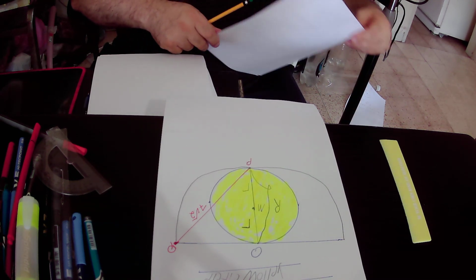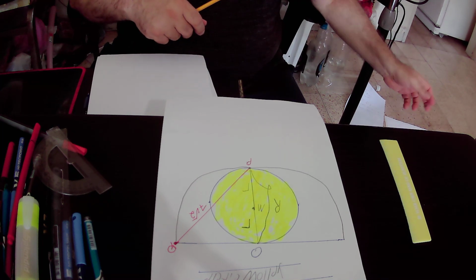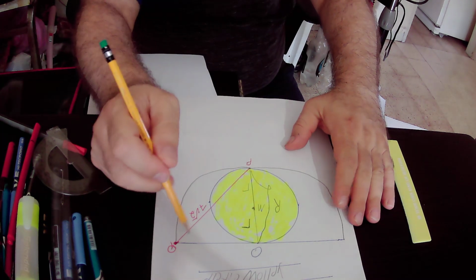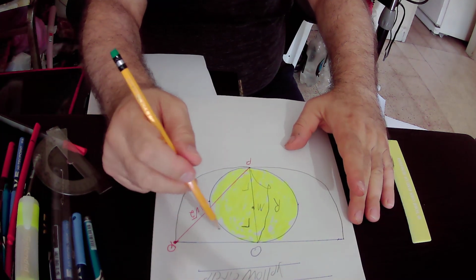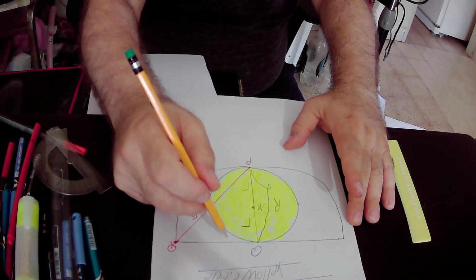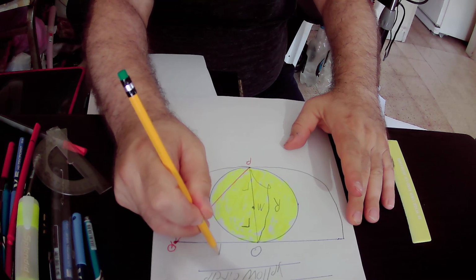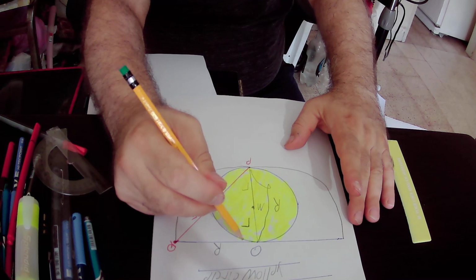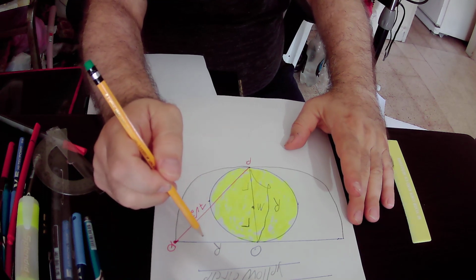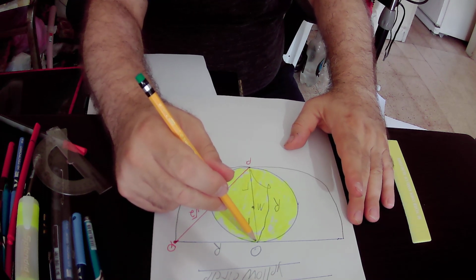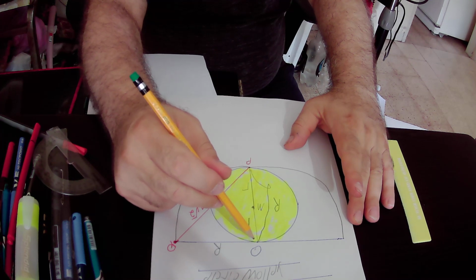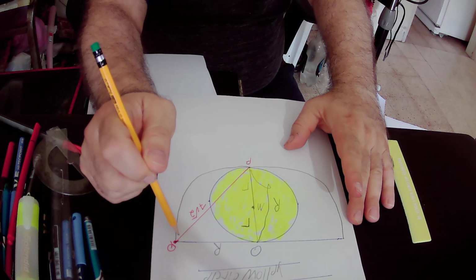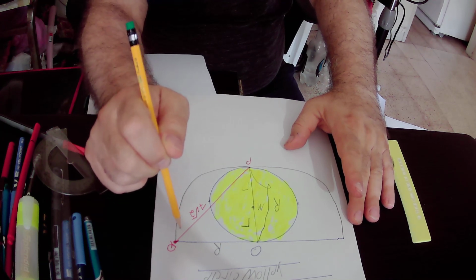And actually, for the same reason, OQ will also be equal to the radius of the semicircle, because OQ starts from the center of the semicircle and ends on point Q, a point on the semicircle itself.